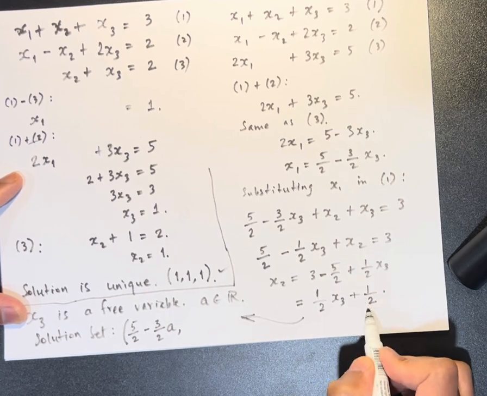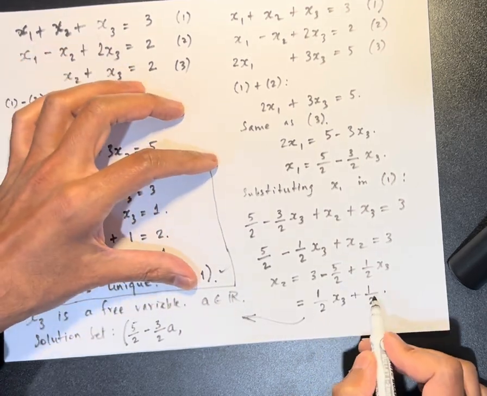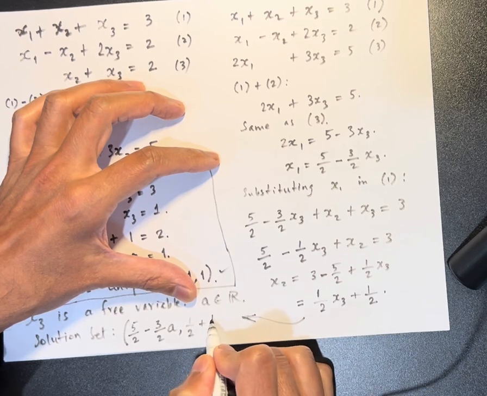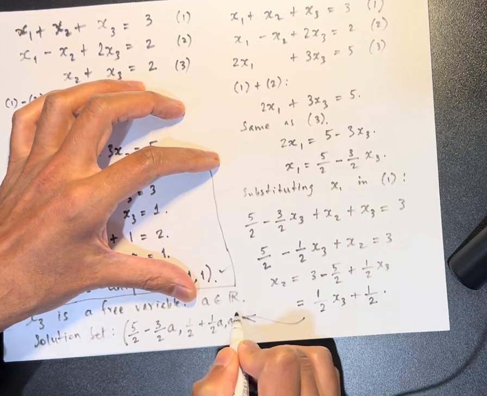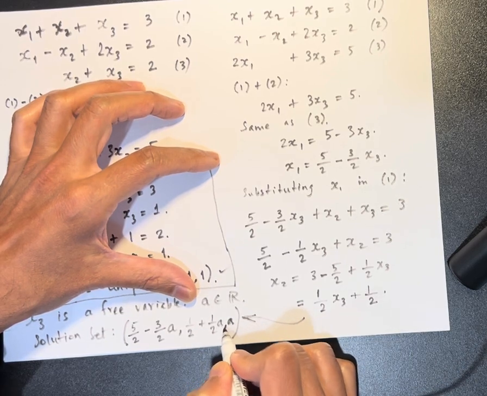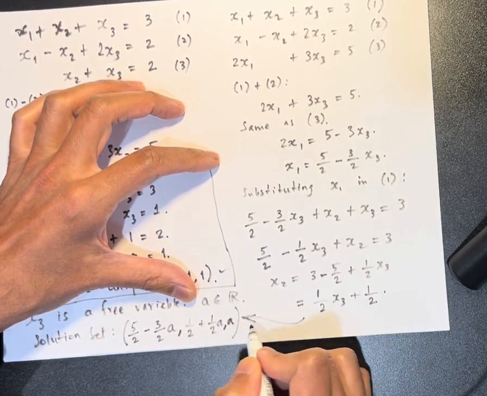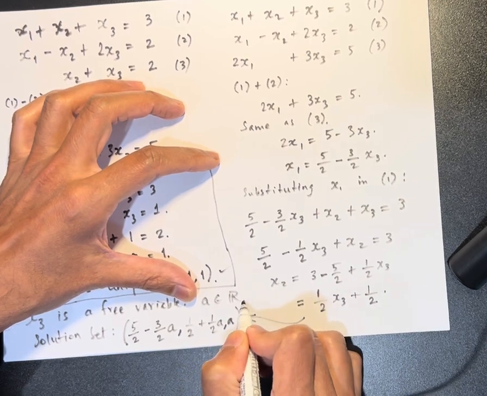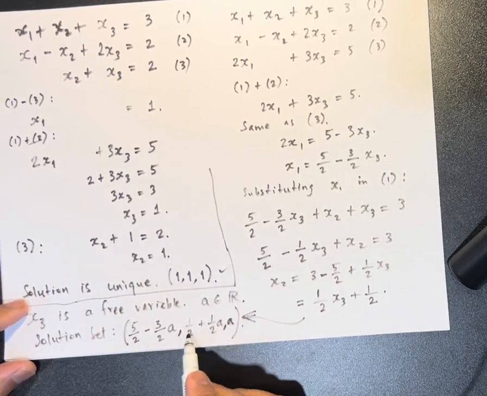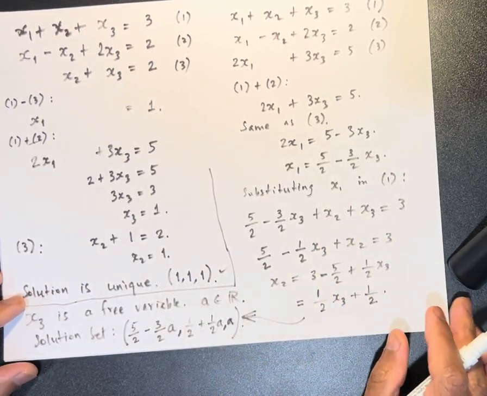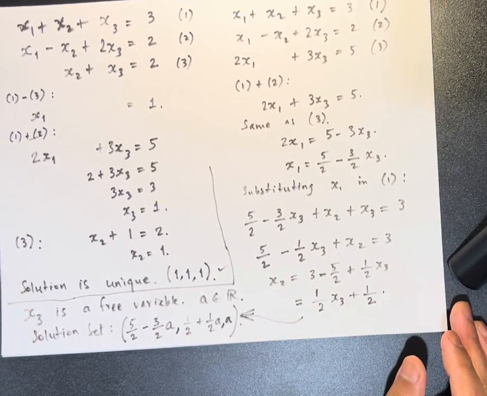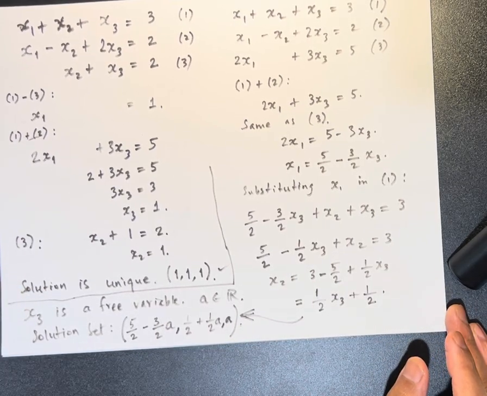And then x2 is just half plus half a, or half a plus half, same thing, and a, right? a is the third dimension, which is x3, and a is in the set of real numbers. So any possible value of a is going to work, and this is the case where we have infinitely many solutions. Okay, so the three different cases, right?